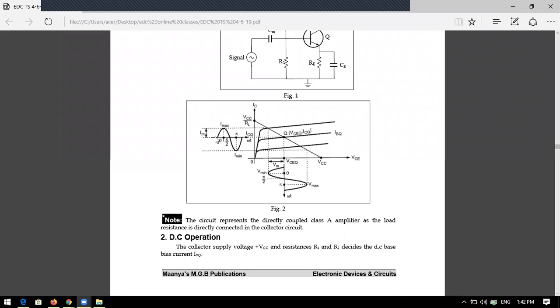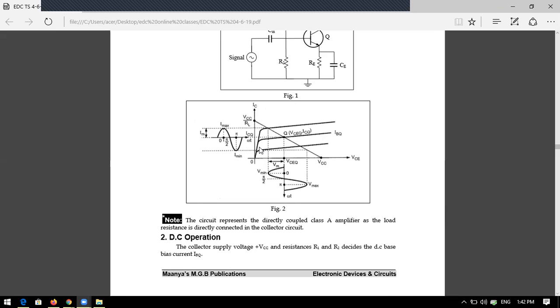The input signal has the same shape as the output signal, but it is amplified. The signal is amplified because the Q point is exactly at the middle of the load line, so there is not much distortion.